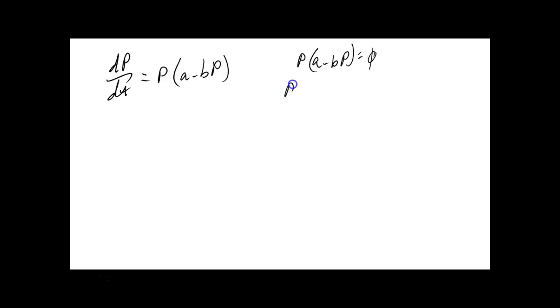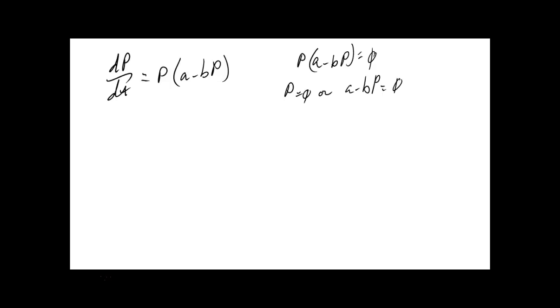P is equal to 0, certainly would. And, or, well, let's break it down. The other half of this would be A minus BP equals 0, because this is the zero product principle. Two factors multiply to make 0. One of those two has to be 0.